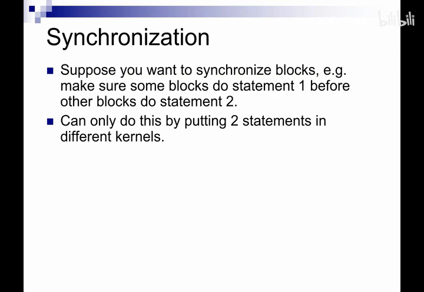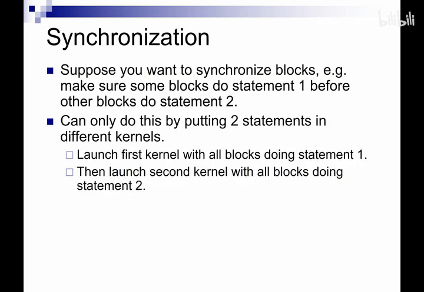So let's say you put statement 1 in kernel 1, statement 2 in kernel 2. You're going to do the first kernel, it's going to finish, and then the CPU is going to call the second kernel. So that way statement 2 definitely comes after statement 1, and if statement 1, for example, produces a value that statement 2 needs, then you can correctly transfer the value from 1 to 2.